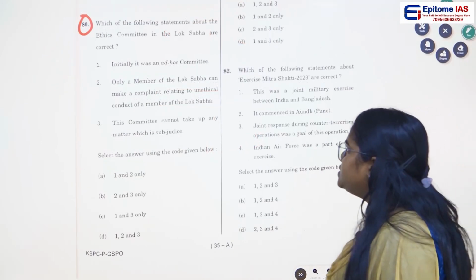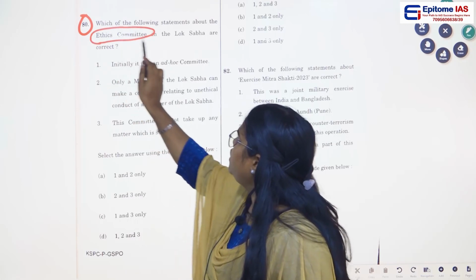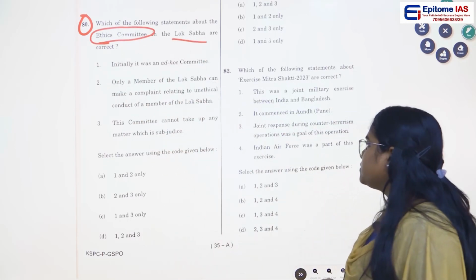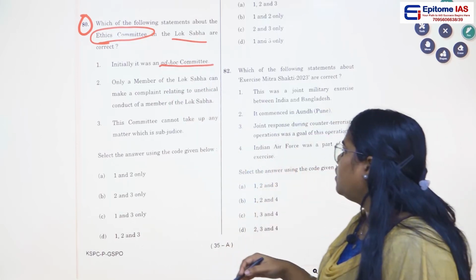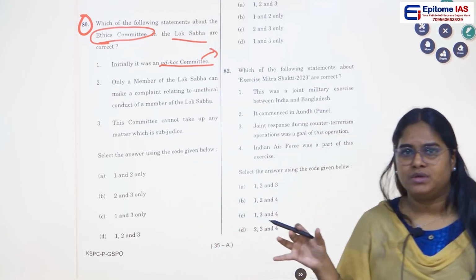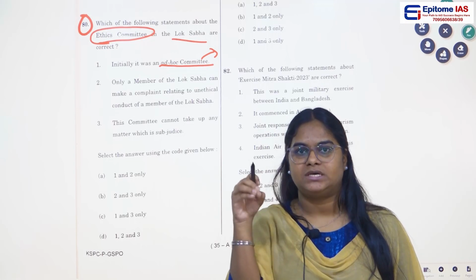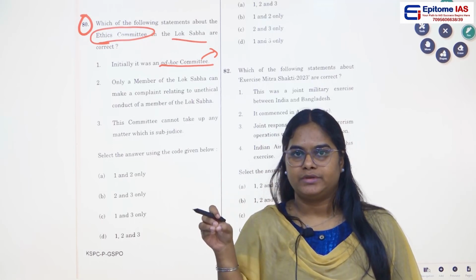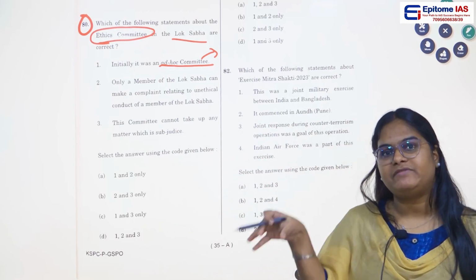So the next question is, which of the following statements about the Ethics Committee in Lok Sabha are correct? Statement 1, initially it was an ad hoc committee. What is an ad hoc committee? Ad hoc committees are those committees which are set up for a specific issue, for a temporary period.